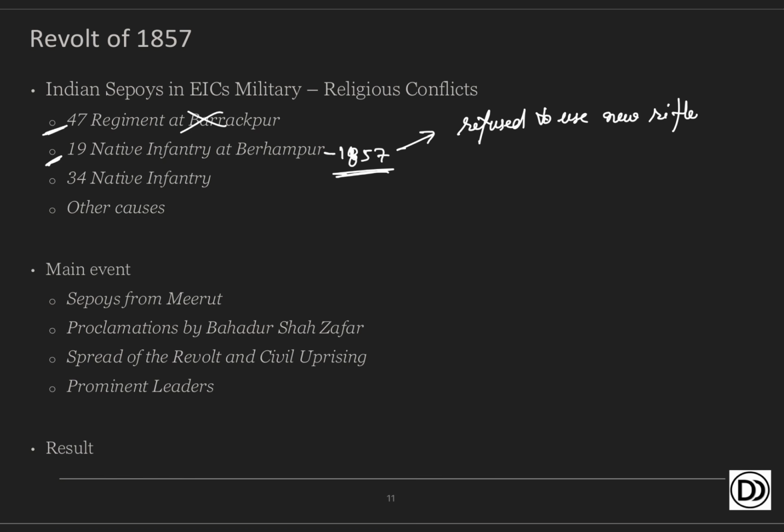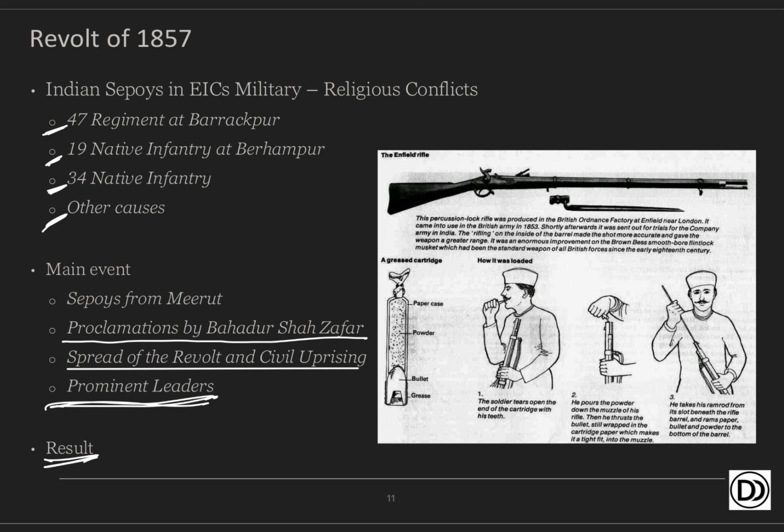The cartridges which are used in the gun. So let us look at what were greased cartridges. Cartridges means both the gunpowder and the bullet. Here, this is the bullet, this is the gunpowder. You can see. So what used to happen is that the soldiers were required to bite this part off using their mouth.